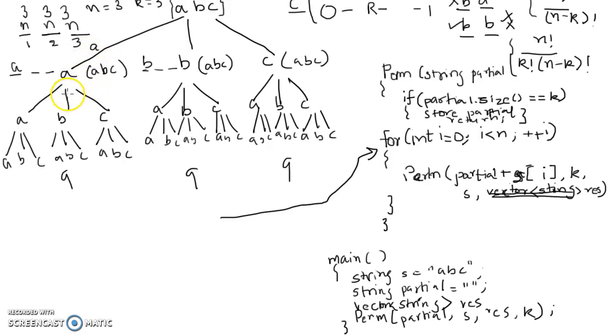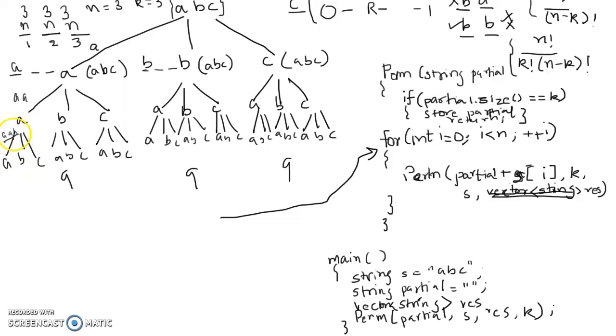Then it comes back again and starts my loop again from 0, and adds to partial the same element at index 0. So now partial will be AA. And then I call this again and add one more, at the same index, so partial will become AAA. So now partial is 3 A's.